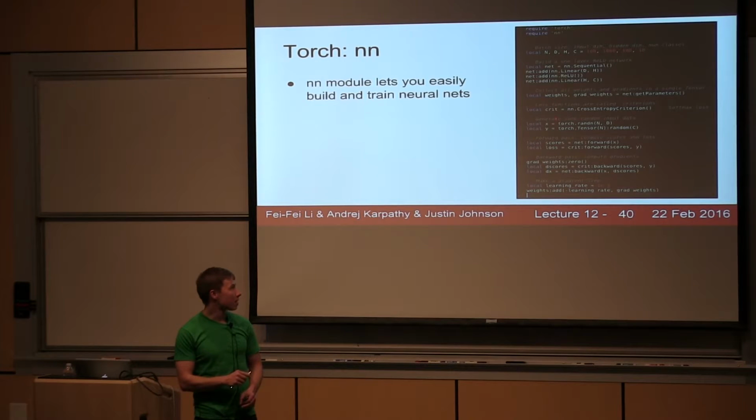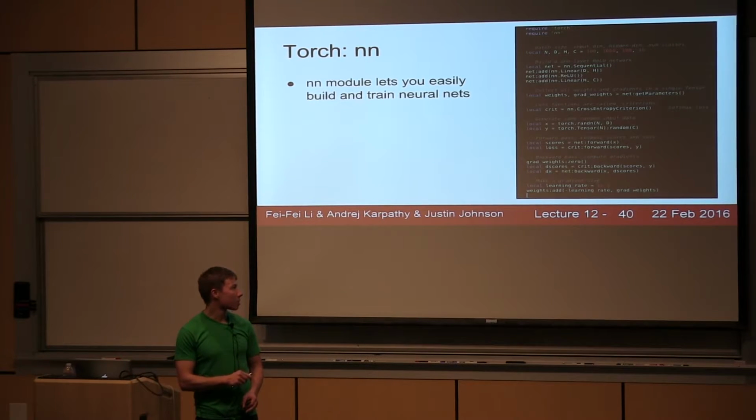We can generate some random data. Now to do a forward pass, we just call the forward method on the net object using our data, and this gives us our scores. To compute our loss, we have a separate criterion object that is our loss function. So we compute our loss by calling the forward method of the criterion. Now we've done our forward pass, very easy.